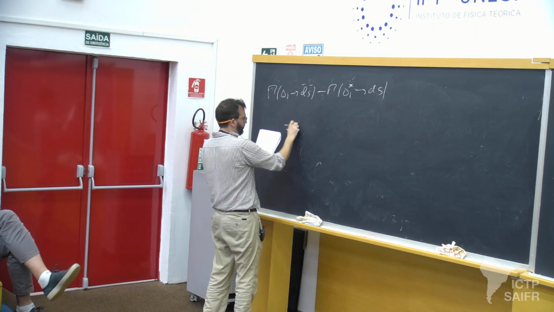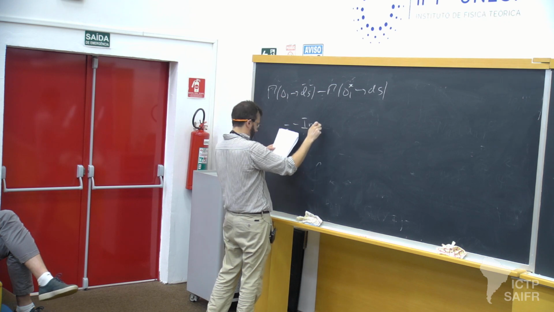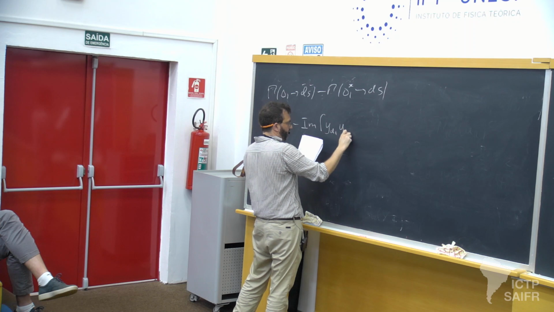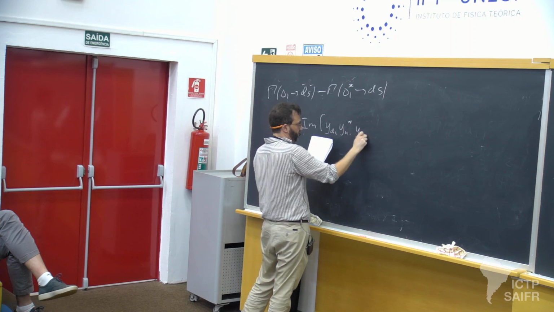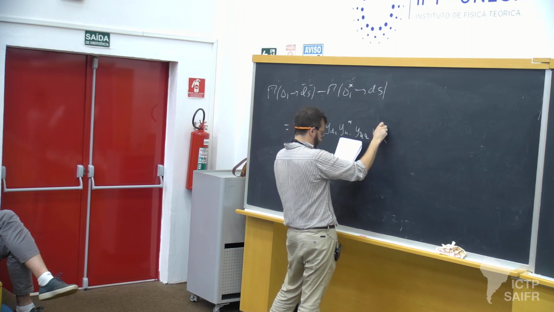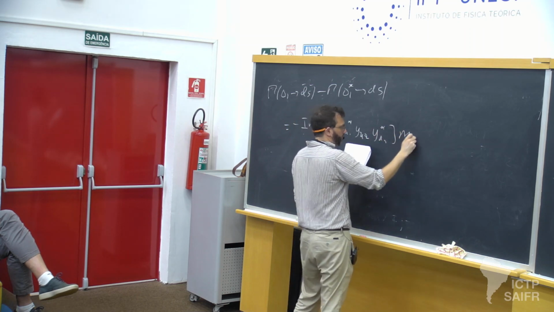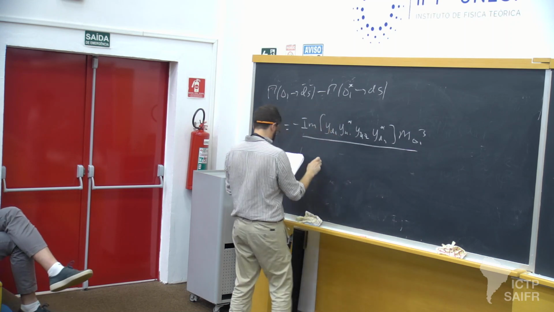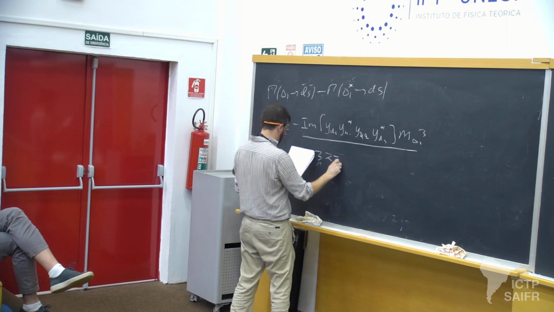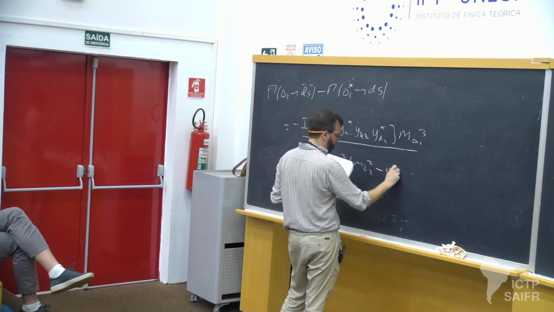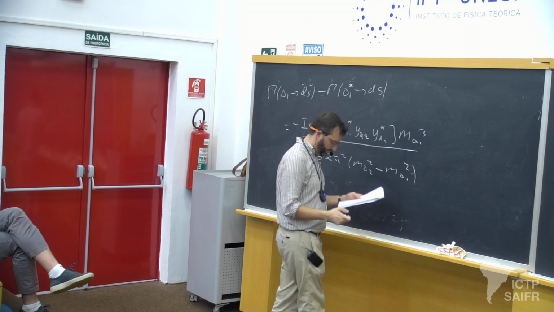Putting everything together, we find that this is negative imaginary part yd1, yu1 star, yu2, yd2 star, m delta 1 cubed on 32 pi squared m delta 2 squared minus m delta 1 squared. Okay?